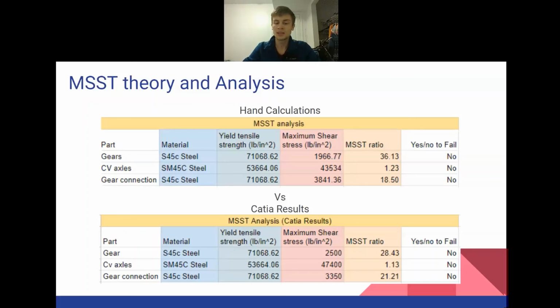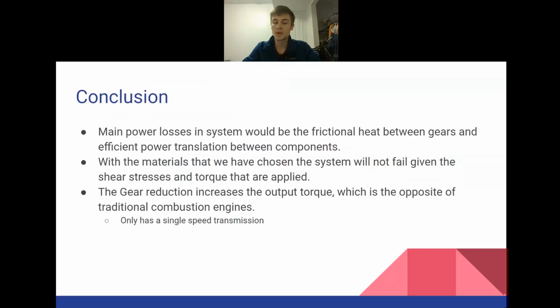It should be noted that the gear used for this analysis was gear 3 because it was the smallest gear. Interestingly, we noted that the highest percentage difference is 22% in the gears and the smallest being 8% in the CV axles. To conclude, we observed the main power losses were due to frictional heat between gears, and we found that the selected materials in the system were sufficient for our application.